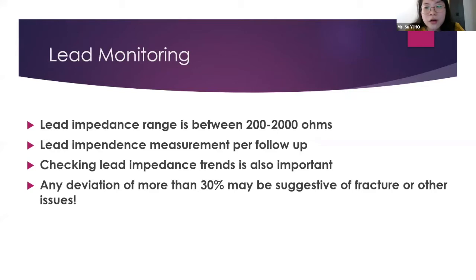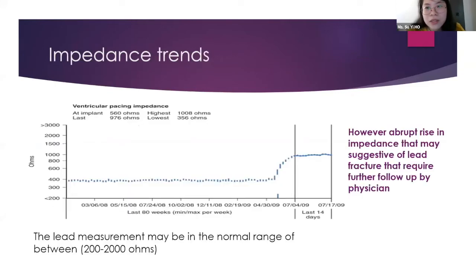We should also compare with the trend and historical data to make sure that it's actually a stable trend. There's no instability or fluctuation in the values. Any deviation that is more than 30% to me will be suggestive of a fracture or some other lead issue. So in this example, the current lead reading seems to be within the normal range at about 1000.